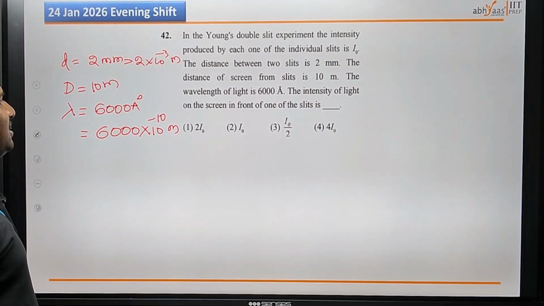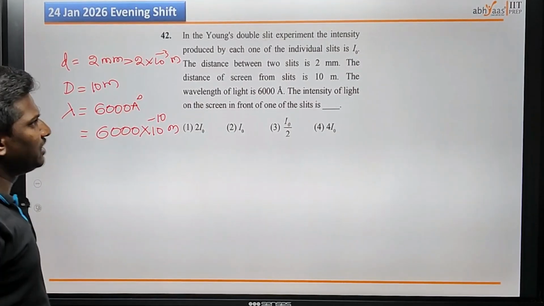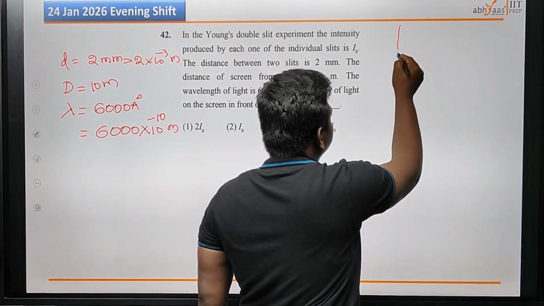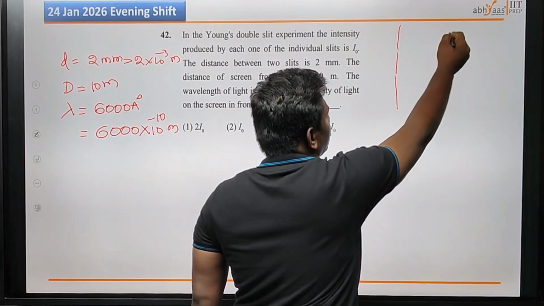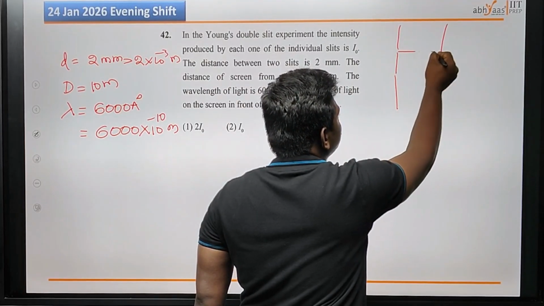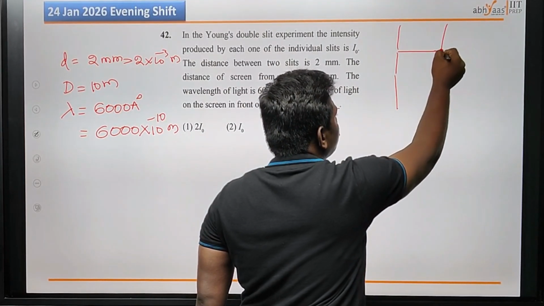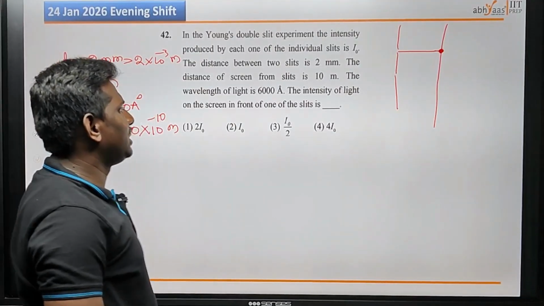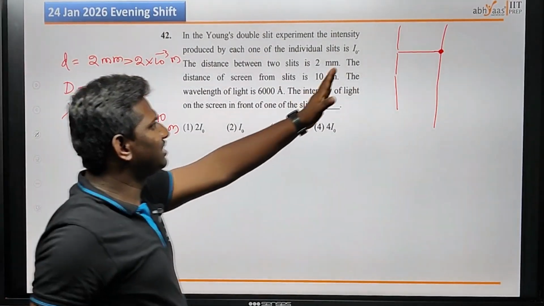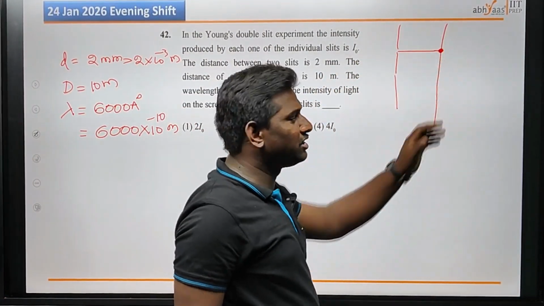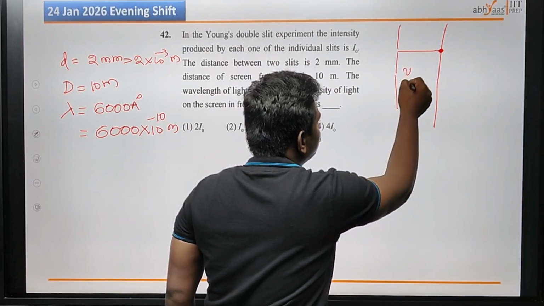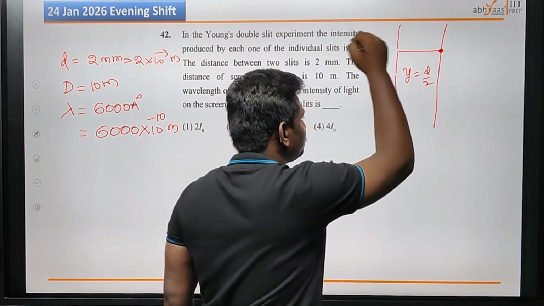The intensity of the light on the screen in front of one of the slits. We know that one. This is our slits, 1, 2. This is our screen. So this is at this point. What is the intensity of the light? What is the distance? Distance is nothing but y equal to d by 2.